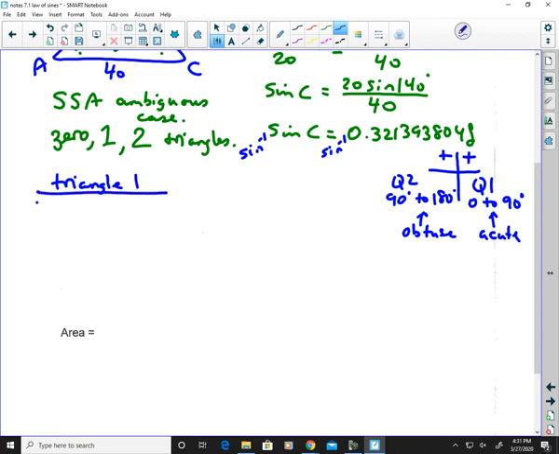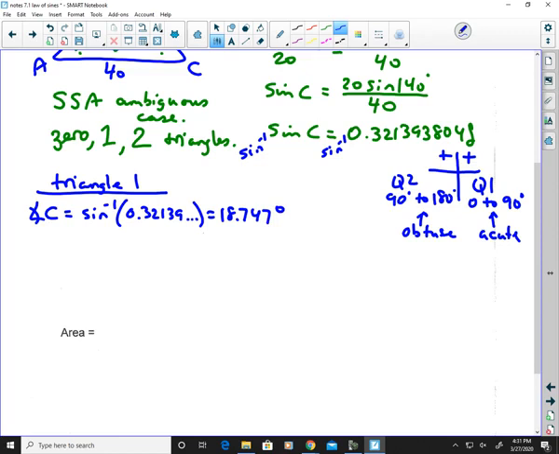What would be the angle C, which is the inverse sine of that very long number? And I get an angle of 18.747 degrees.